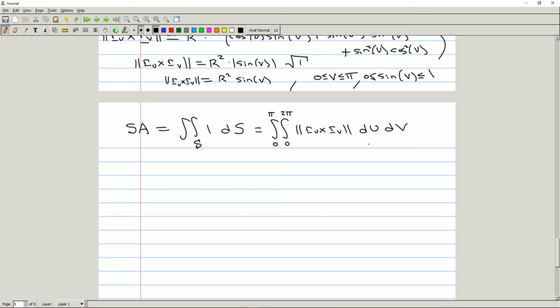So this double integral gives us the formula for the surface area of S. This is going to be the integral from 0 to pi, integral from 0 to 2 pi of just r squared times sine of v.